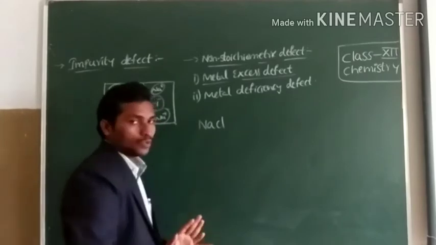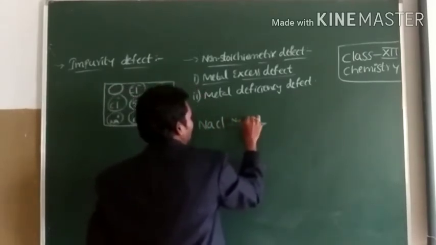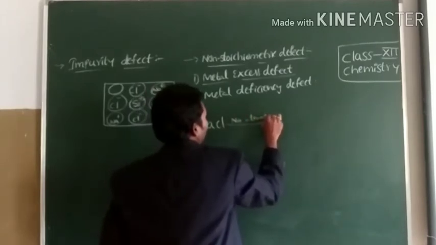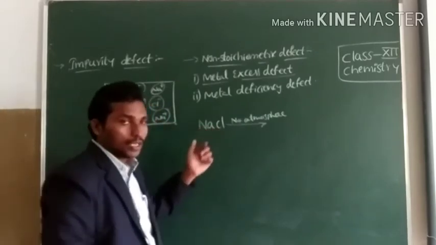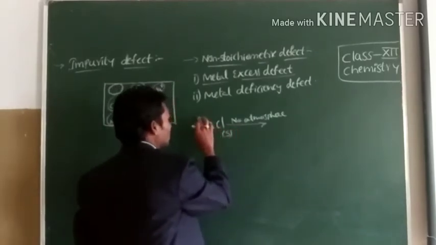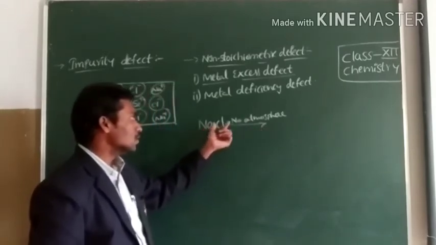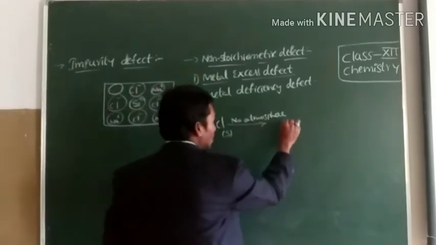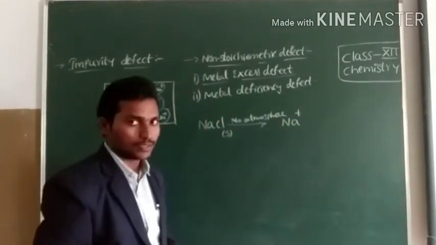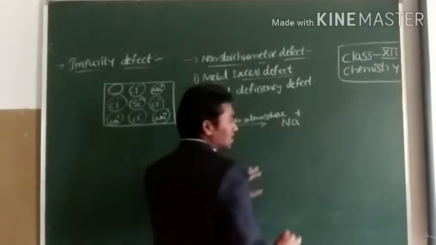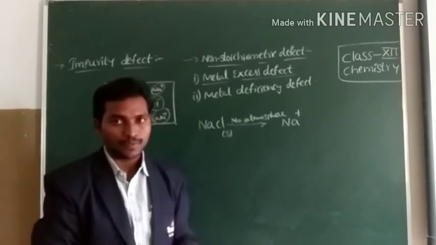When we heat sodium chloride crystal in a sodium atmosphere, then this sodium chloride dissociates to give out sodium cations. These sodium cations are present on the surface of the crystal layer.